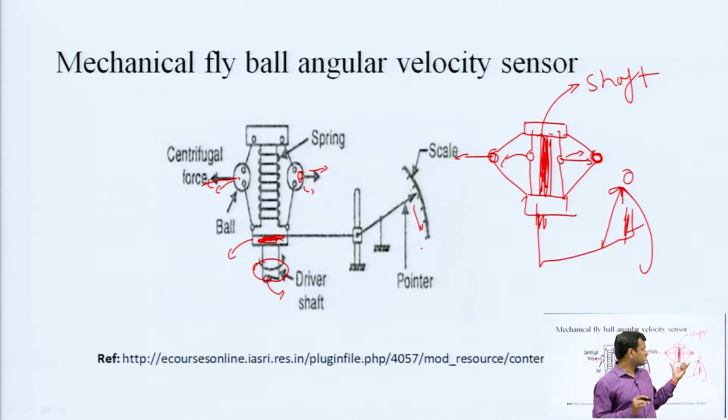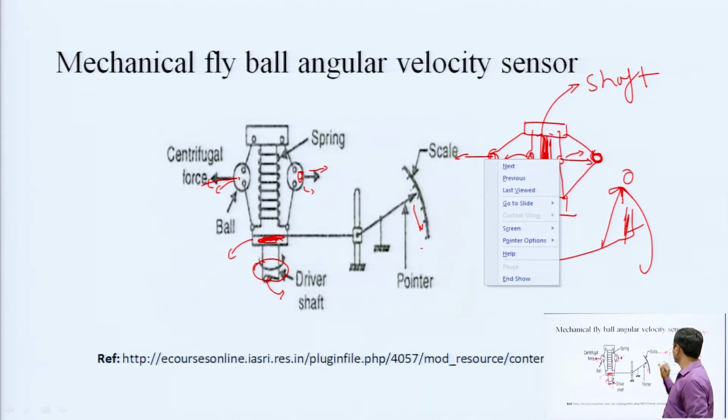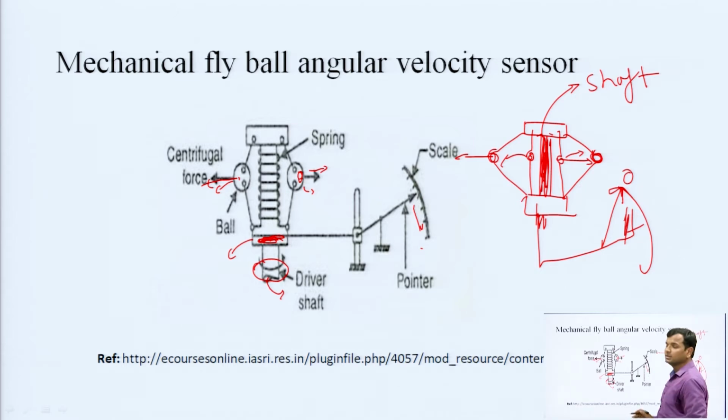So, the rotation speed of the shaft will be proportional to the movement of this pointer. When the shaft is in this position, the balls are in this position, there is no motion, and the pointer is on 0.